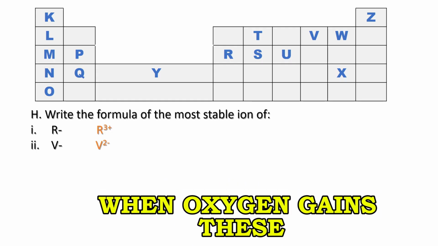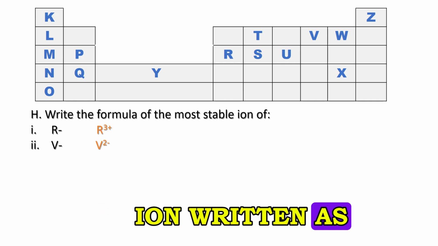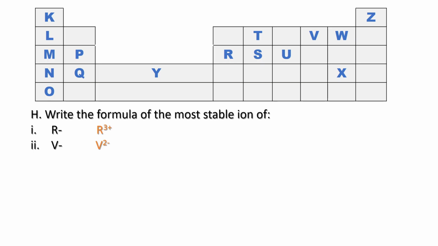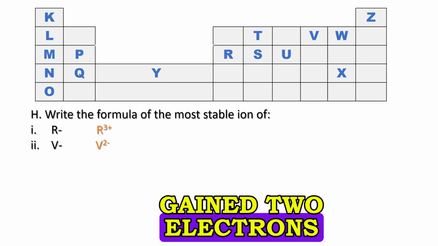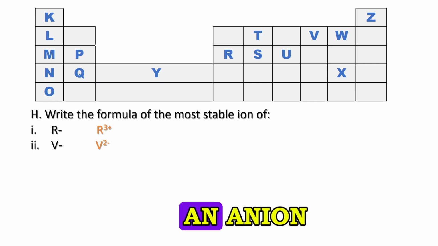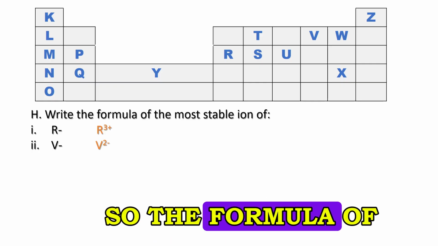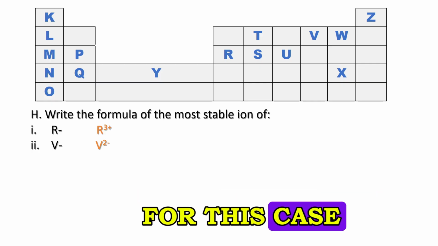When oxygen gains these 2 electrons, it forms the oxide ion, written as O2-. The 2- charge shows that oxygen has gained 2 electrons, making it a negatively charged ion, or what we call an anion. So, the formula of its most stable ion is O2-, or V2- in this case.